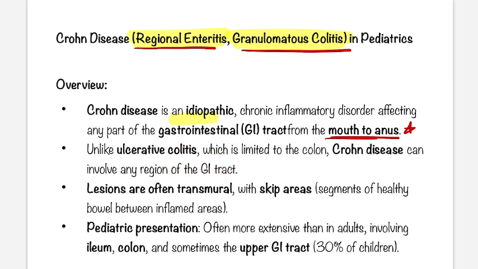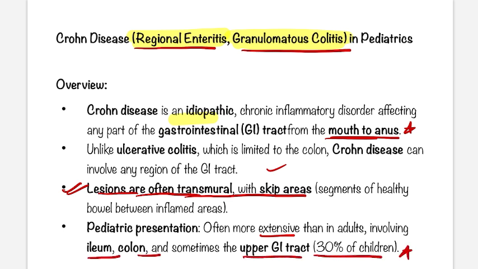Lesions are mostly transmural and often skip areas are present. So basically, it is so extensive that it starts from mouth to anus and also covers all layers, transmural, with skip areas. The pediatric population is more extensive, involving ileum, colon, and sometimes the upper GI tract in 30% of cases. So this is again important.